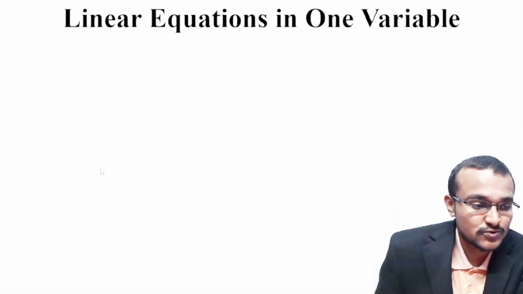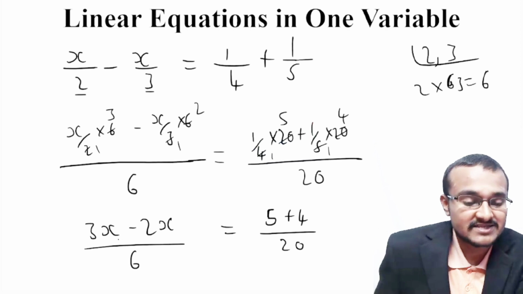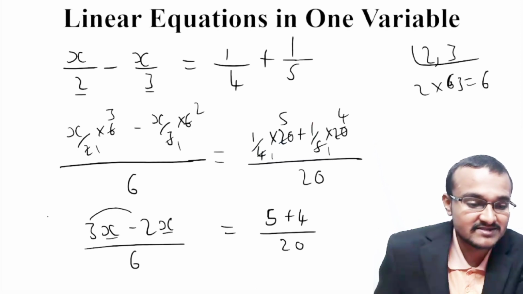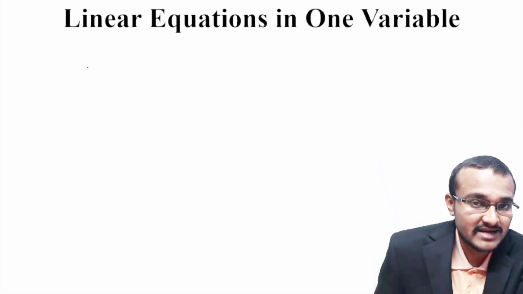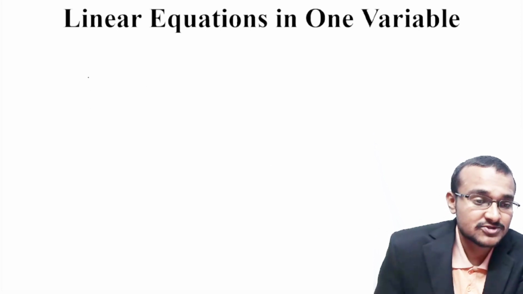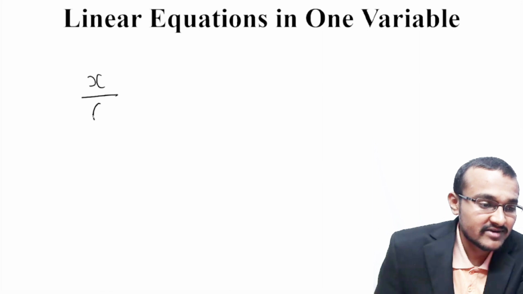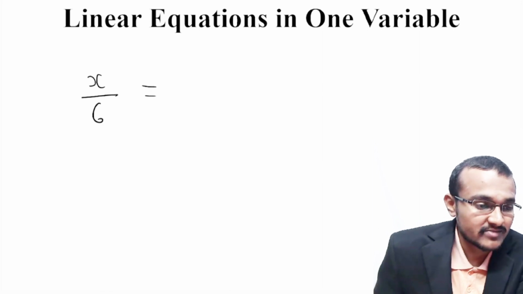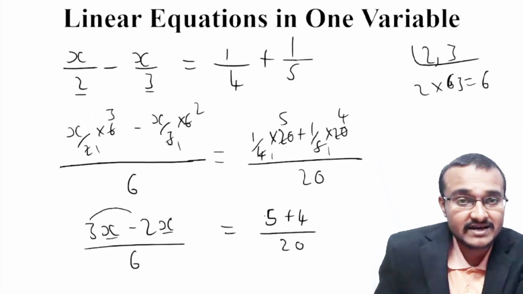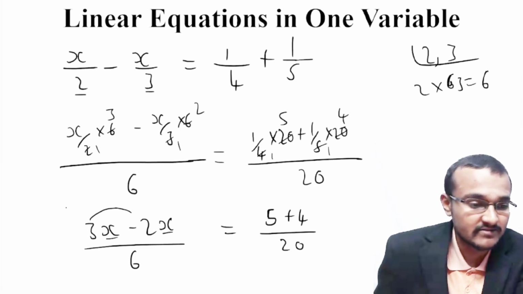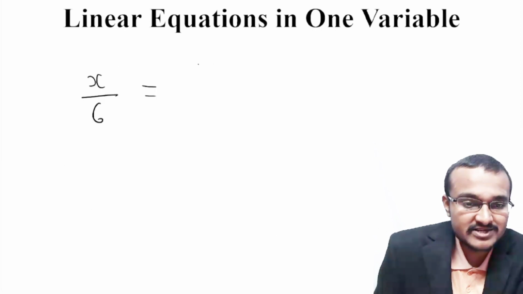So 3x minus 2x will become 1x, because x is common for these two terms, so you can directly subtract 3 and 2. So 3 minus 2 will be 1. So 1x divided by 6. On our right hand side you have 5 plus 4 divided by 20. So 5 plus 4 is 9 divided by 20.